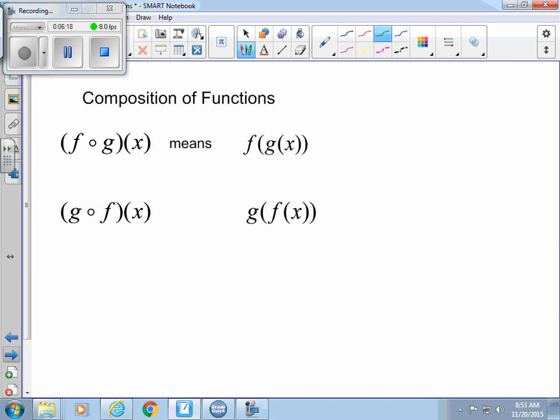A composition. F of g of x, when you see that, it means f parentheses g of x. Does this look familiar to everyone? G of f of x means g parentheses f of x.